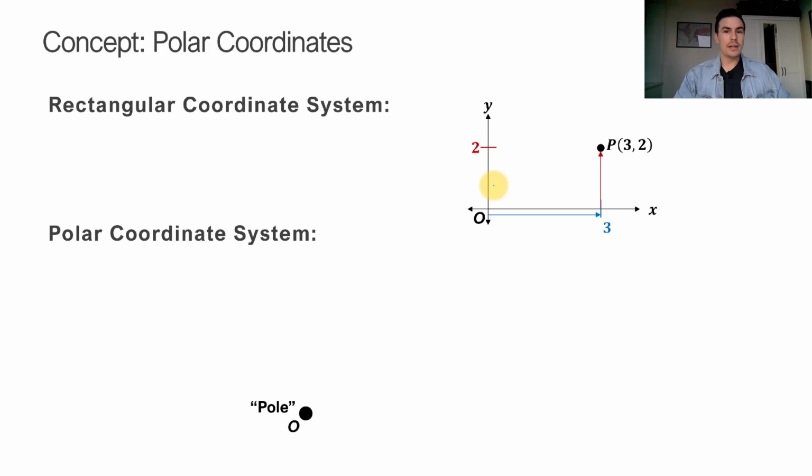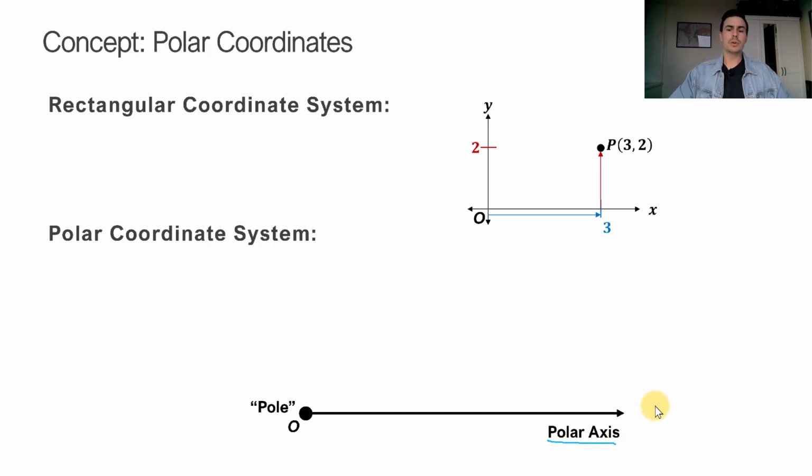And we have something very similar to our positive horizontal axis, and that is called the polar axis. The polar axis is where we start all of our rotations. This is our reference point, the horizontal as we are used to calling it for our rectangular coordinate system. We're calling that our polar axis now.